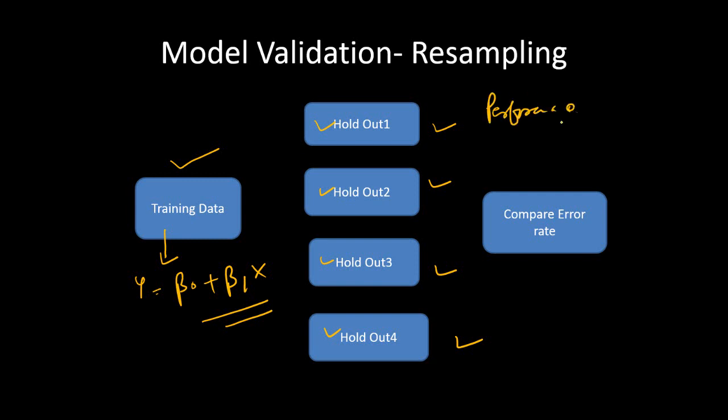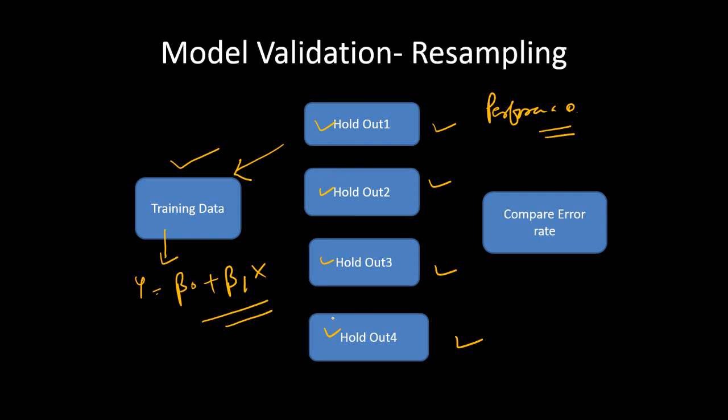Well, the performance of the model can be measured by looking at the mean square error, by looking at the R square value, or if you're using a logistic regression, you can take a look at the concordance or AUC value, right? And see whether it is similar to what you are getting in your training data set, and whether it is actually consistent across data sets.